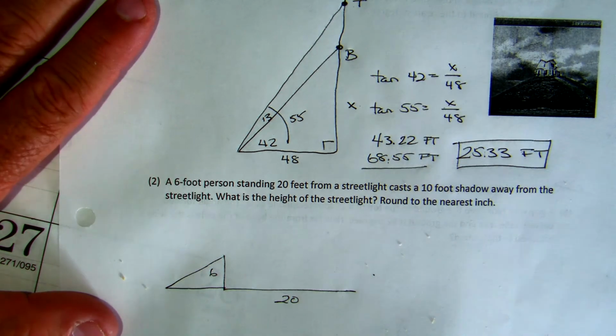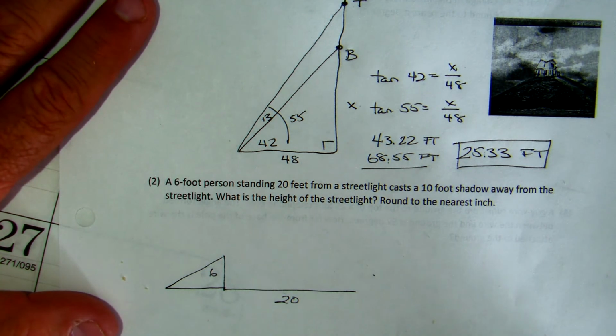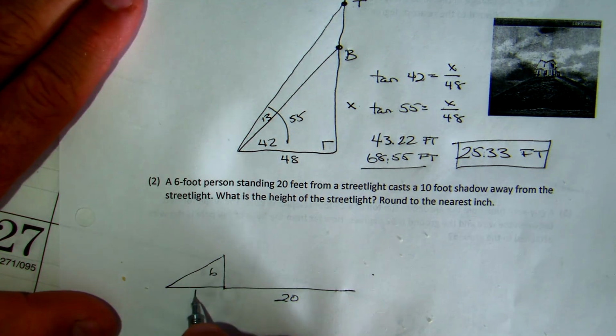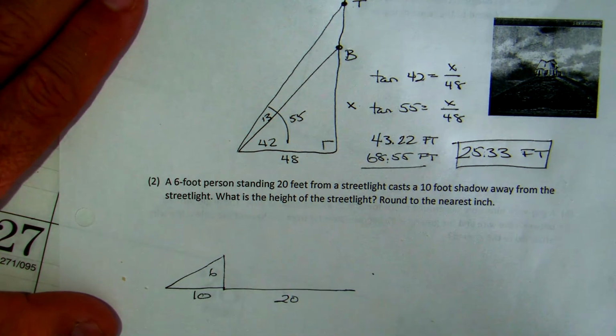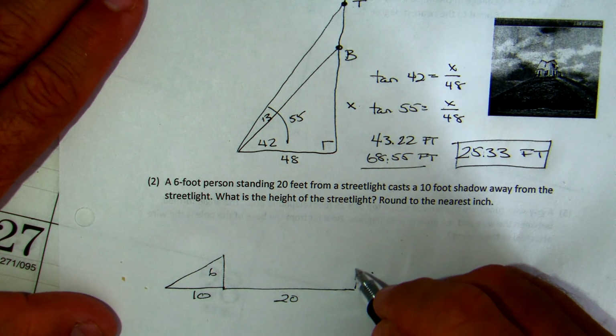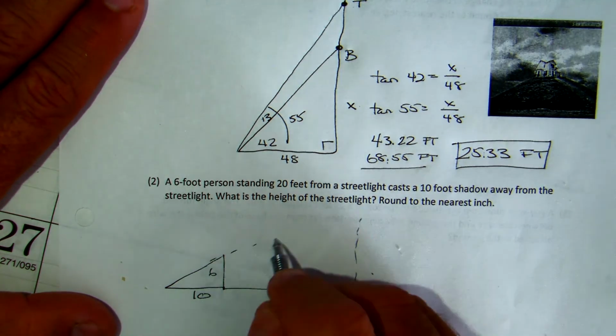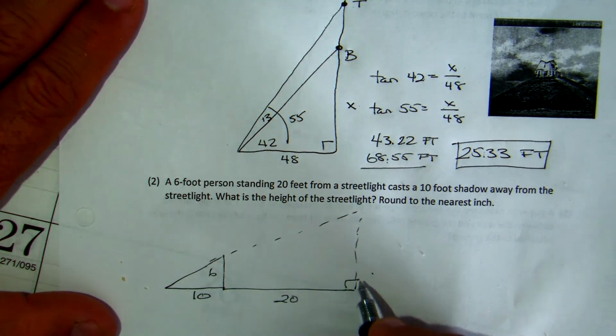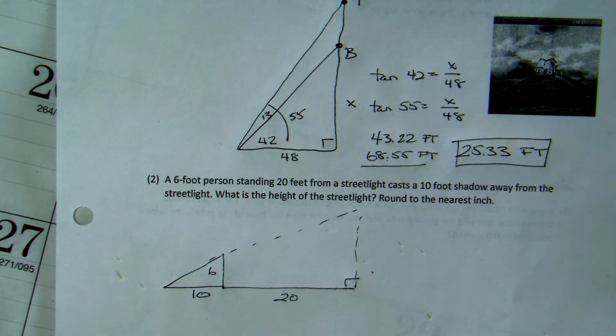What is the height of the street light to the nearest inch? So this is 10. That's basically what we're looking at.